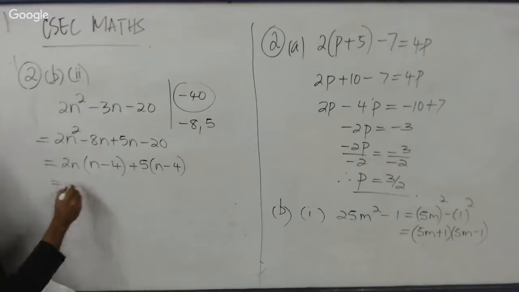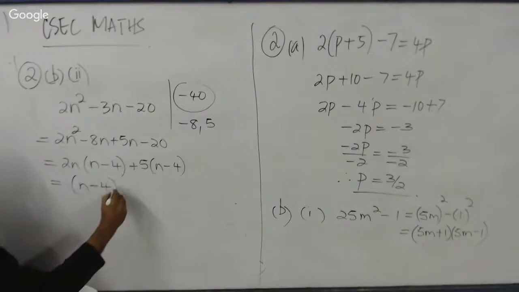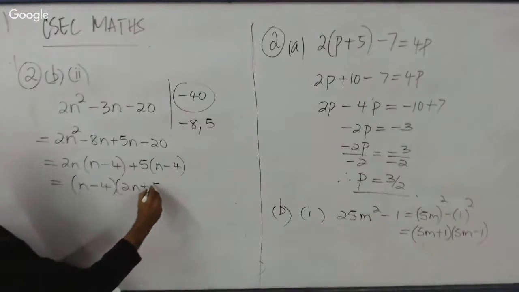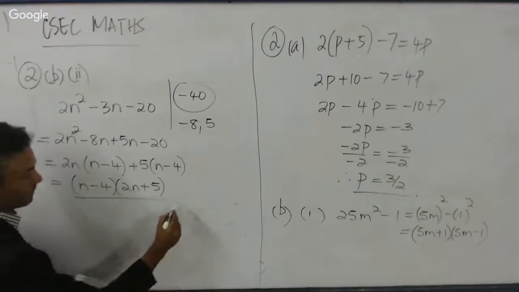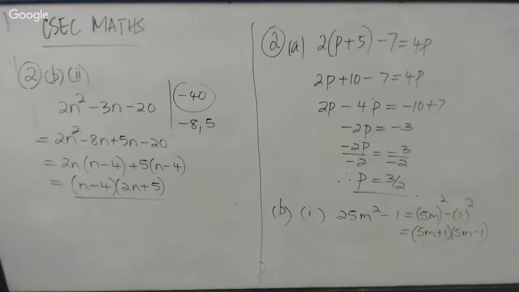So what we end up getting is n minus 4, 2n plus 5, or 2n plus 5 times n minus 4. That's 2B part 2. 2C.